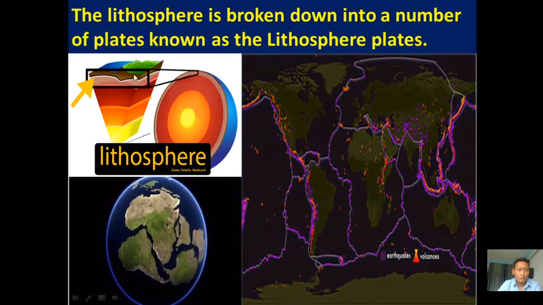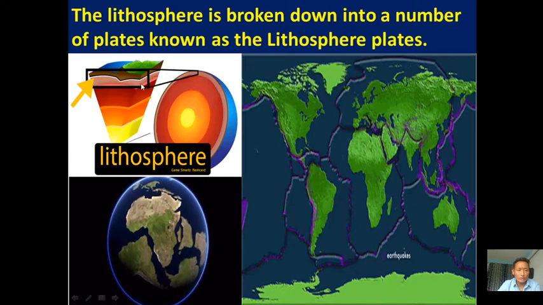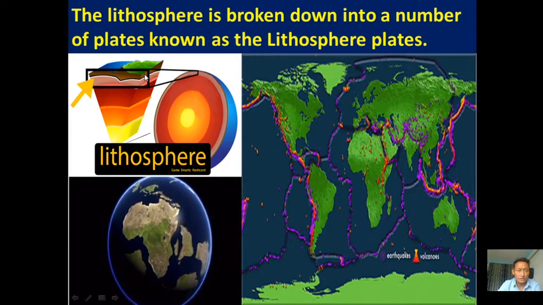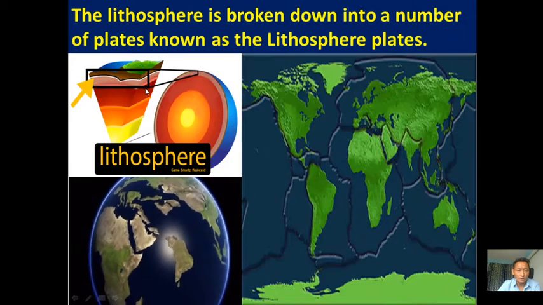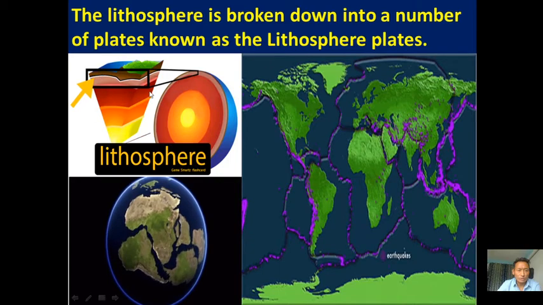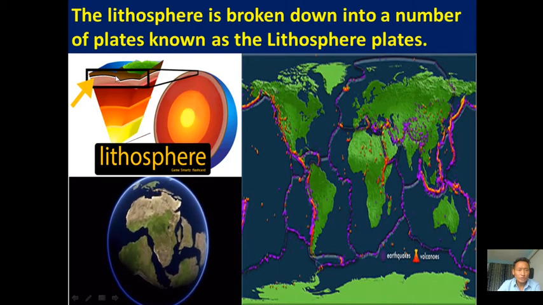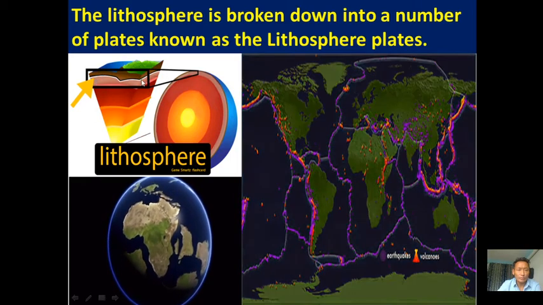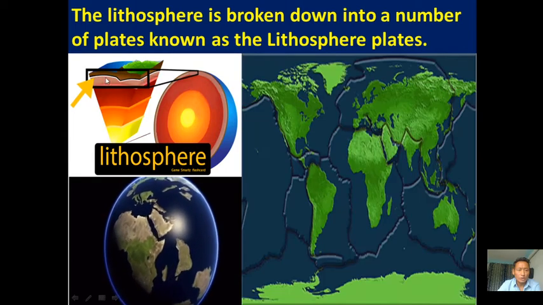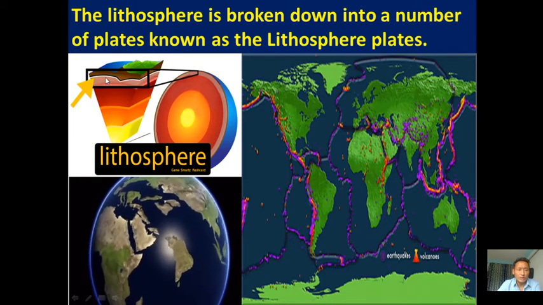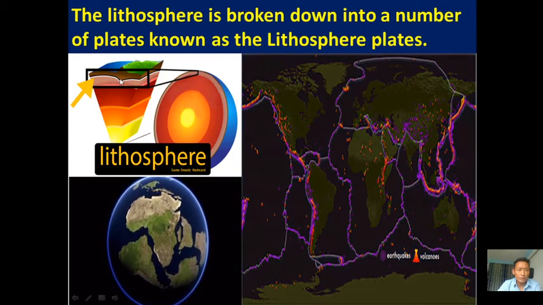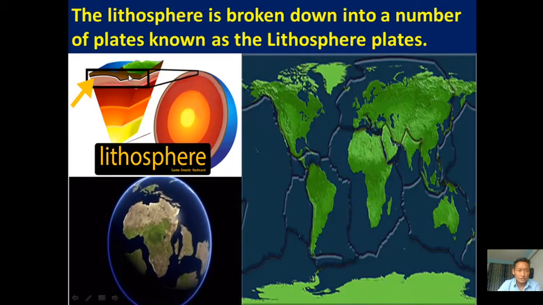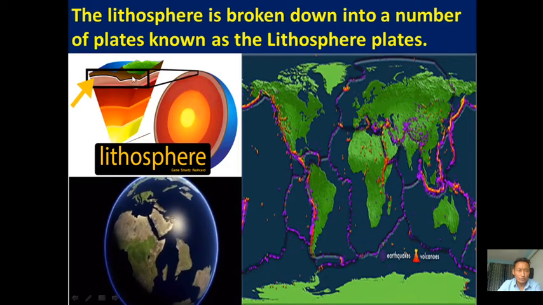The lithosphere is the topmost layer of our earth's crust. This layer is called the lithosphere, and it is made up of solid and hard materials such as rocks, minerals, and soils.